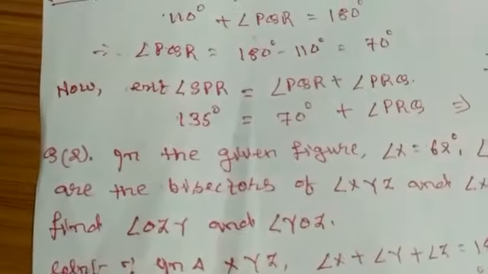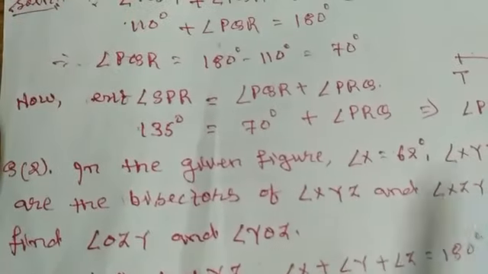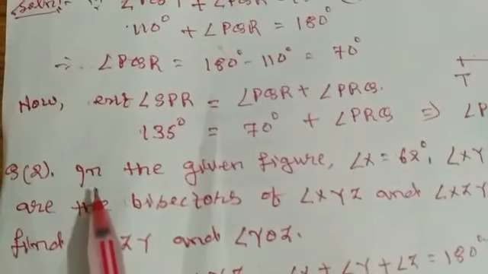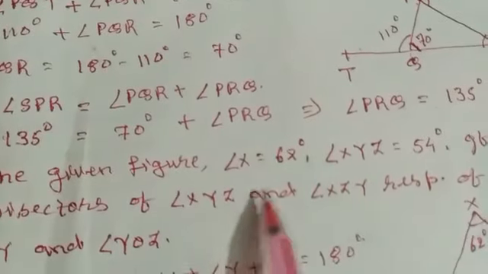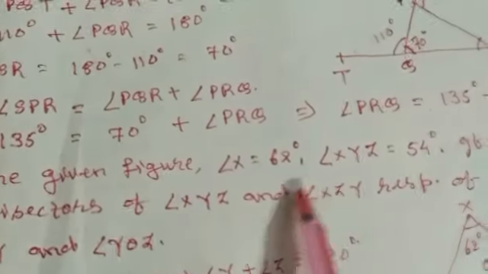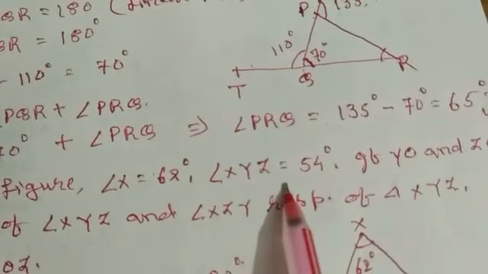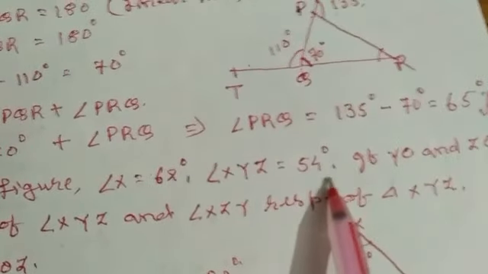Now let's see the second question. Students, the second question is, in the given figure, angle X equals 62 degree, angle XYZ equals 54 degree.